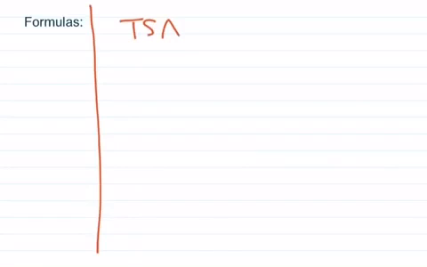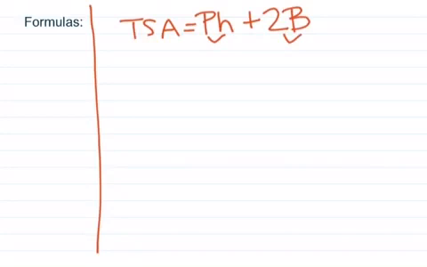So I'm going to say TSA, and that's for total surface area. Our formula is capital P H plus 2 times capital B. Remember, when these letters are next to each other, that's multiply.